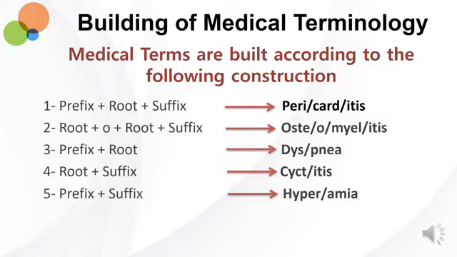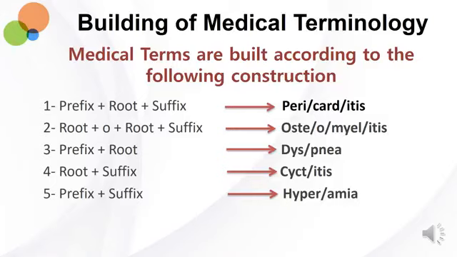The last type of construction is formed of a prefix and a suffix. The example I have chosen is the term hyperemia. Hyper means increased. Emia means blood flow or circulation. So hyperemia means increased circulation or blood flow.